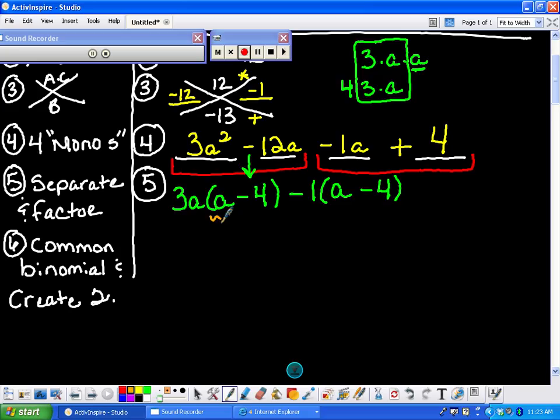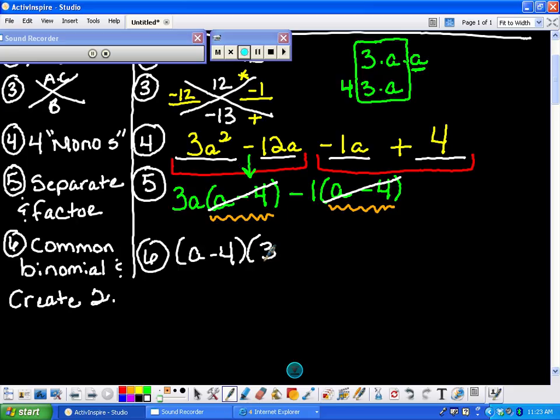Specifically, this one looks just like this one. So for step number 6, I'm going to rewrite a minus 4 since they both share that, and then cross that out just so I can see what I have left. What I have left is 3a minus 1.